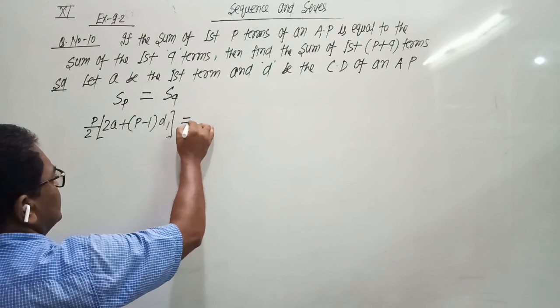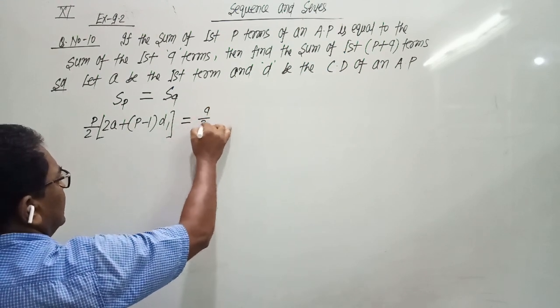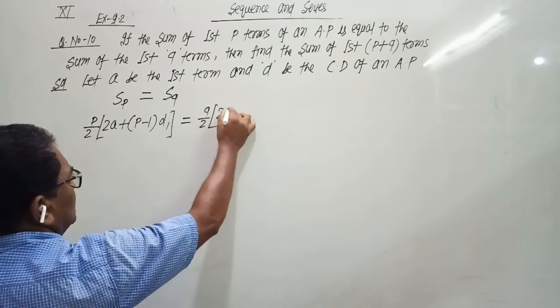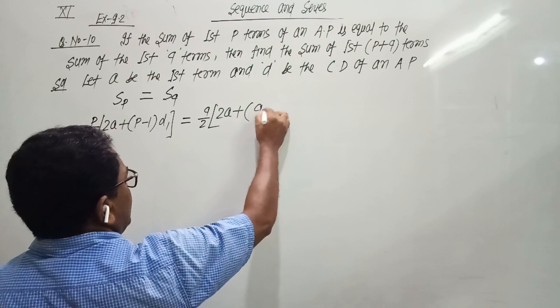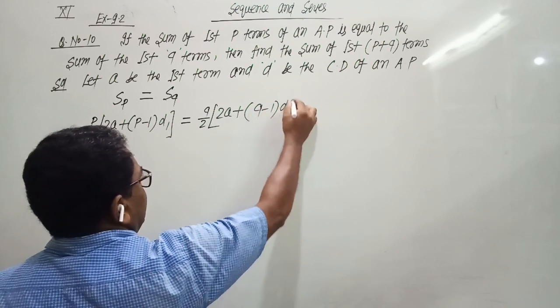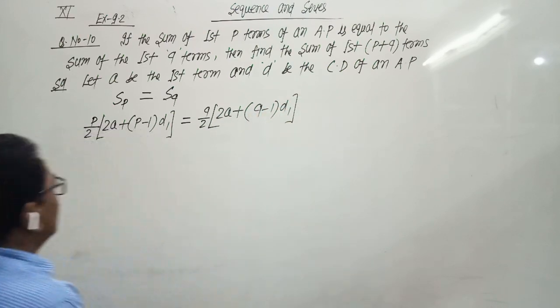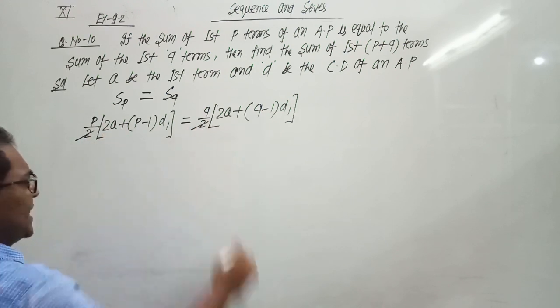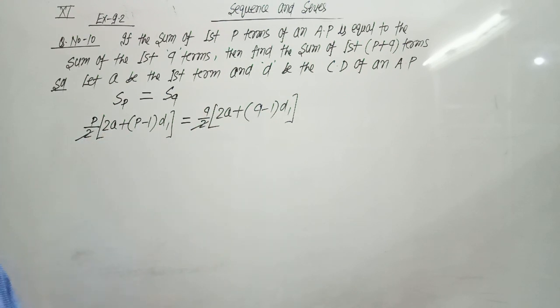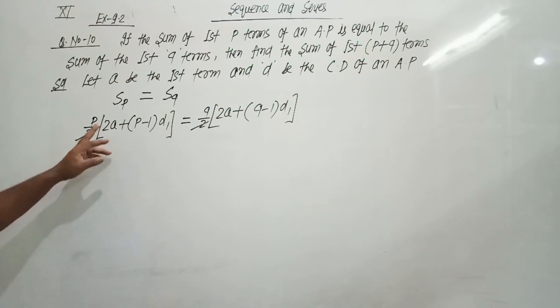And the sum of first q terms is given by q/2 [2a + (q − 1)d]. Now from both sides the 2 in the denominator gets cancelled.